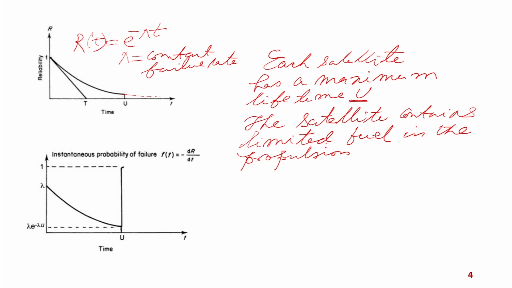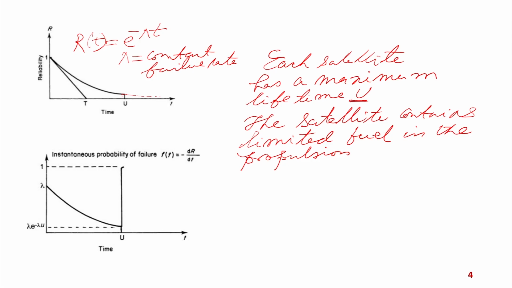It can work up to 5 years, it can be 10 years. Depending on the capacity of the satellite, the fuel life can be 5 years, 10 years, or 15 years. Once the propulsion system does not work, you cannot control the satellite. In that case the satellite cannot be operated.